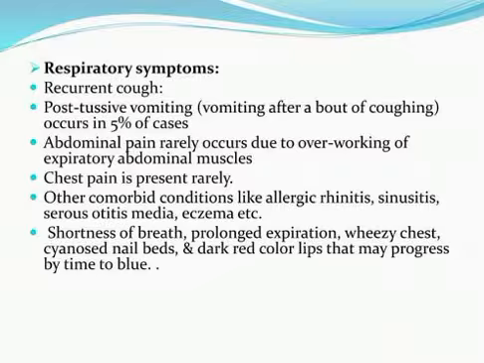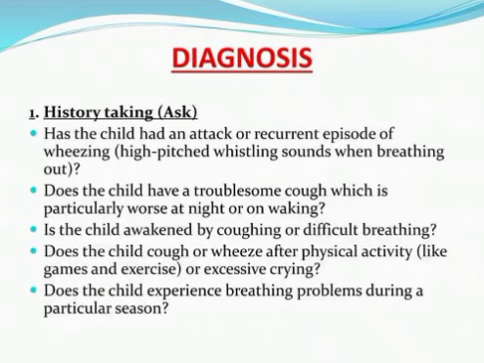Another will be comorbid conditions like allergic rhinitis, sinusitis, serous otitis media, and eczema. Next will be shortness of breath, prolonged expiration, cyanosed nail beds, and dark red lips. They may progress by time to blue. These are some of the respiratory symptoms associated with asthma.